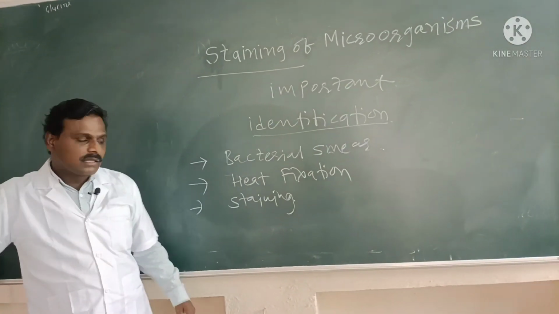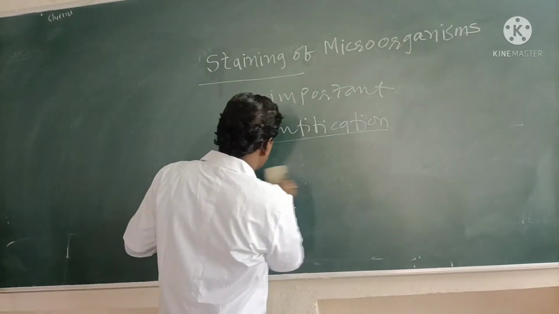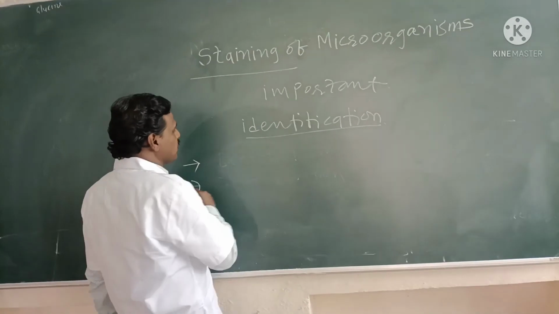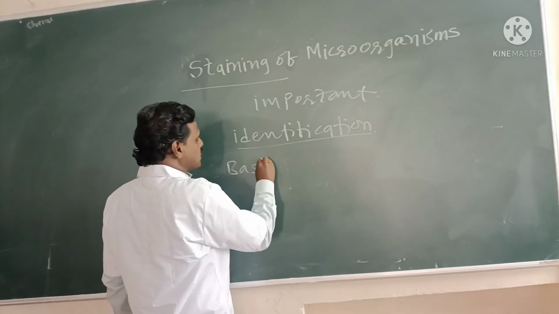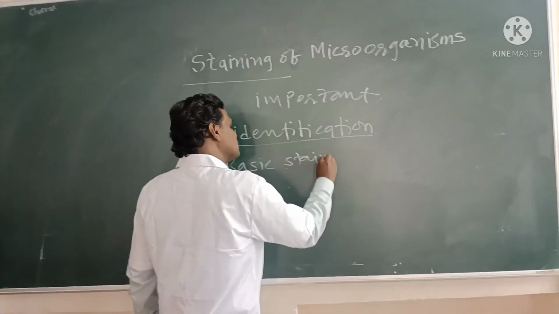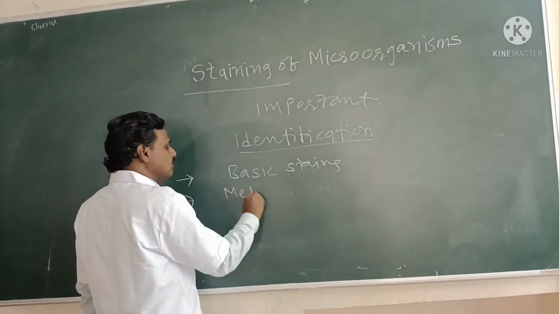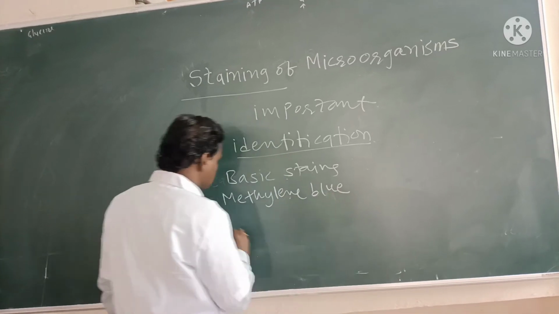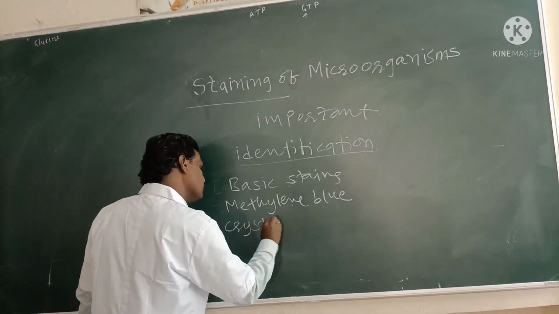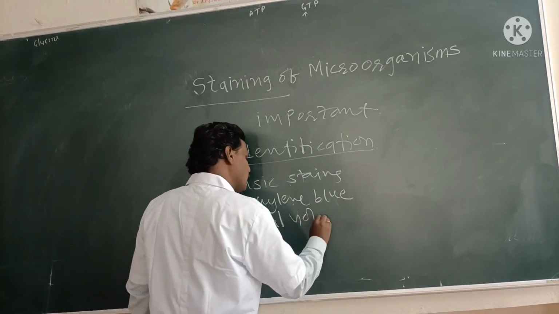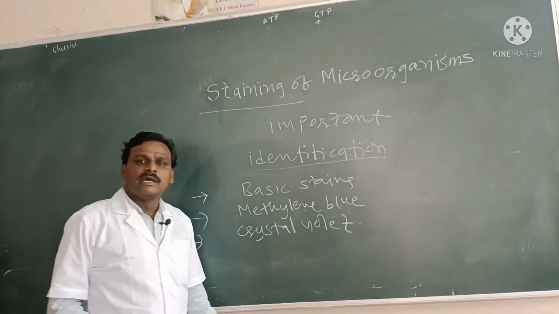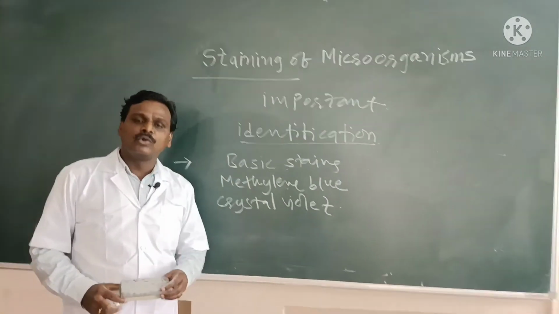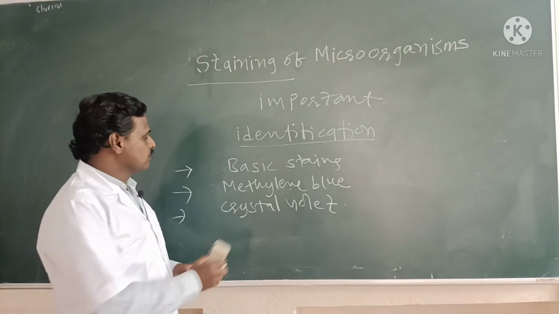For simple staining, basic stains are used, such as methylene blue, crystal violet and safranin.